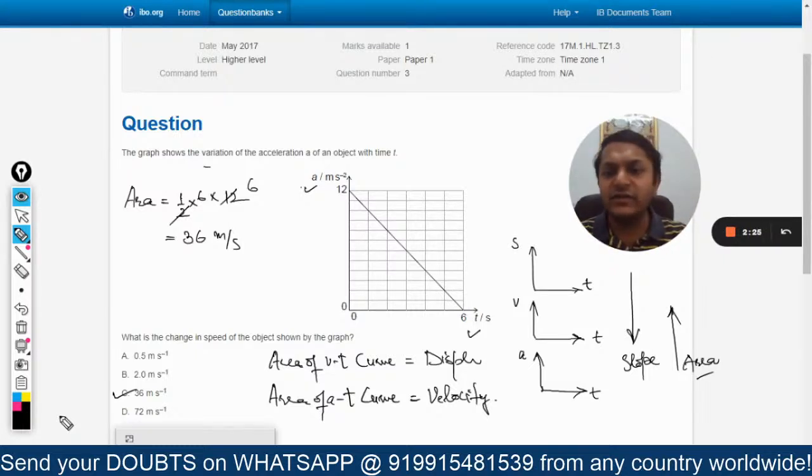But there is another thing that I was telling you in the theory earlier, like if we are going downwards, we find the slope. Now, what is that?